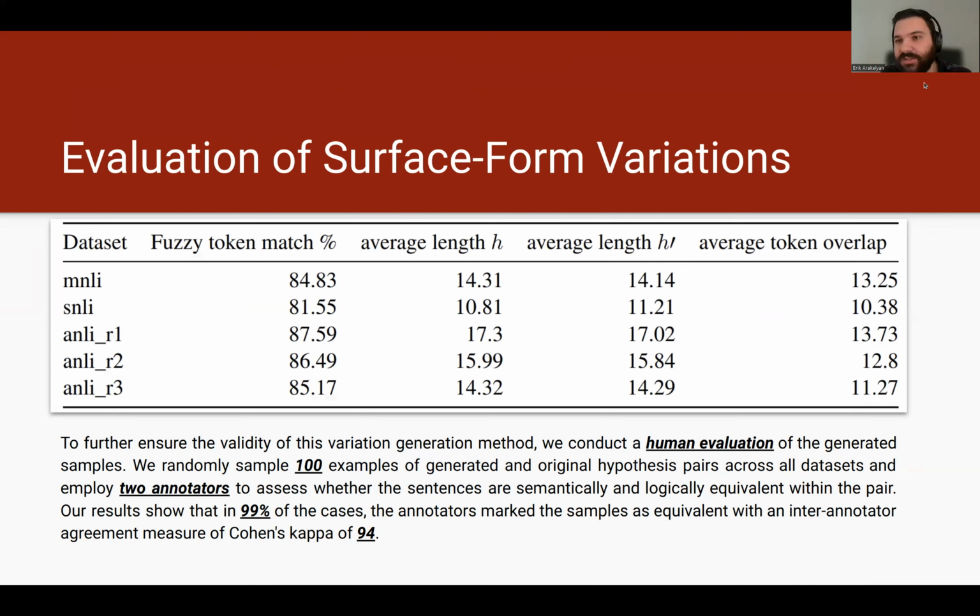Of course, this is not enough in itself. That's why we also take a random sample of 100 examples and ask two annotators to say, are these examples logically equivalent or not? And we see that in 99% of cases, the annotators say yes, and there's high agreement between the annotators.